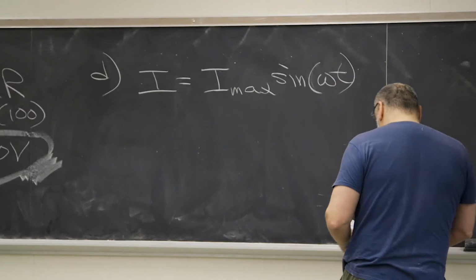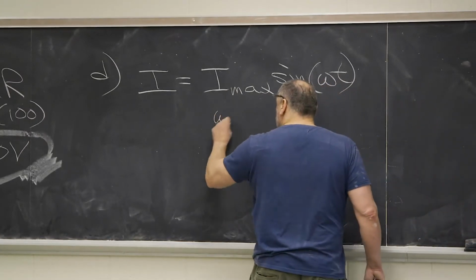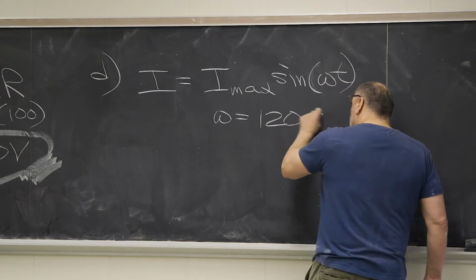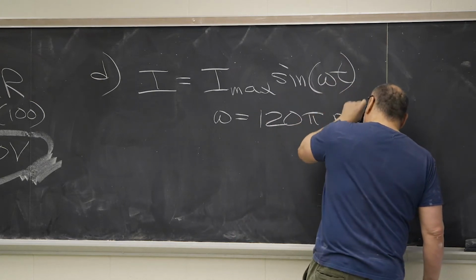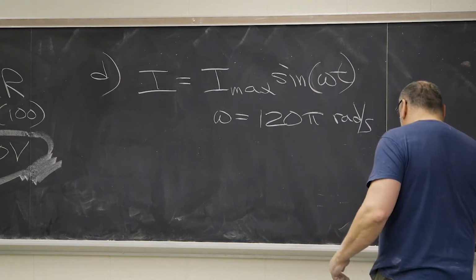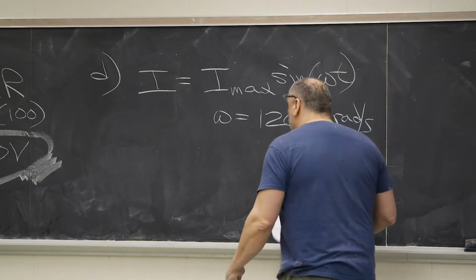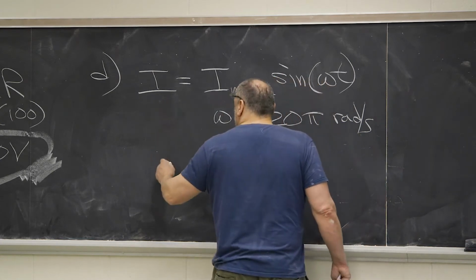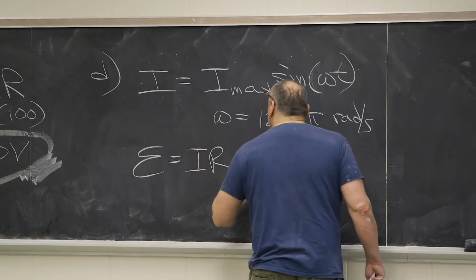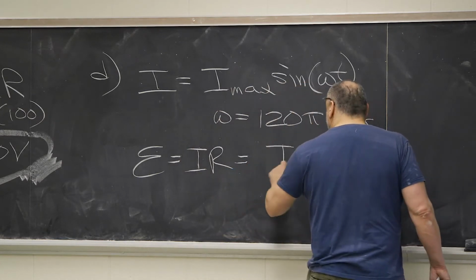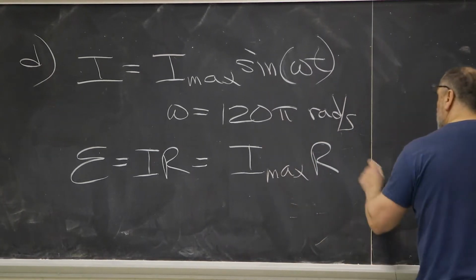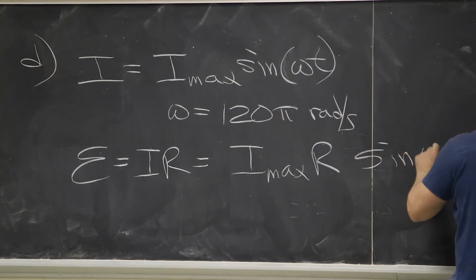So you got this. Why don't you put an R in here? E would be I times R, would be Imax times R times the sine omega t.